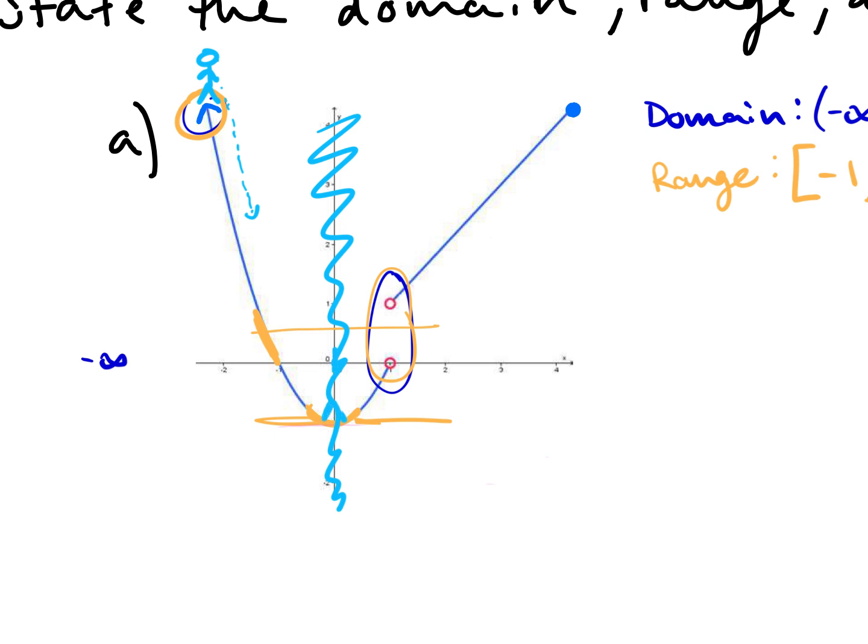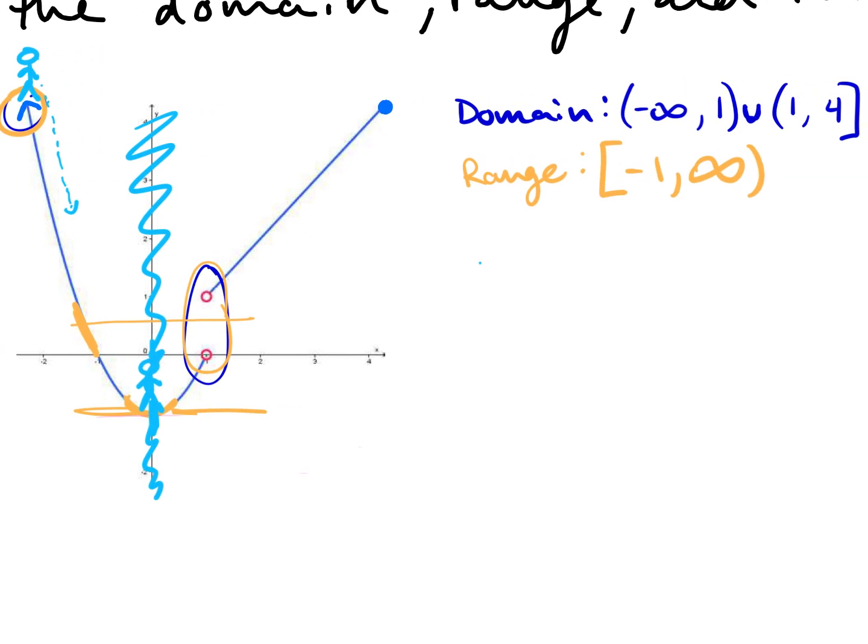Zero. Awesome. So here is where we stop decreasing. So we are decreasing from where to where? -infinity to 0. Awesome. And increasing, decreasing, and constant always gets parentheses.